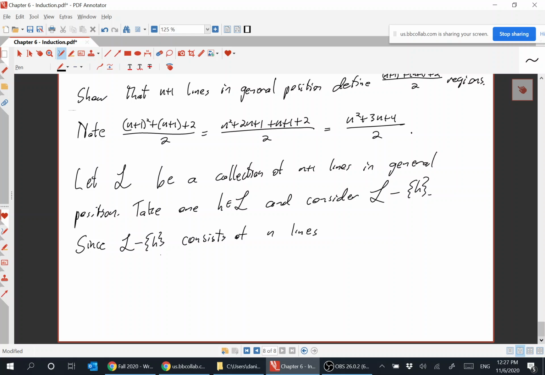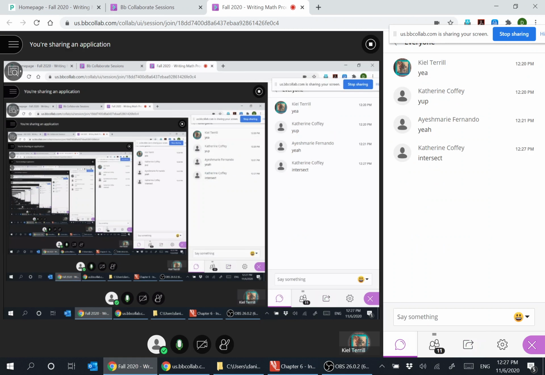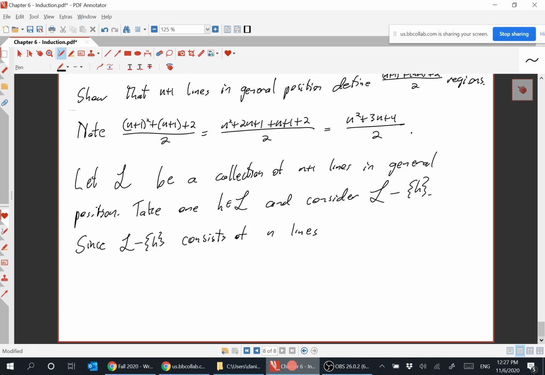So L minus H consists of n lines, and what's special about those? I assumed that was already answered when I said general position. The pairs intersect and the triples don't intersect. They're still in general position.